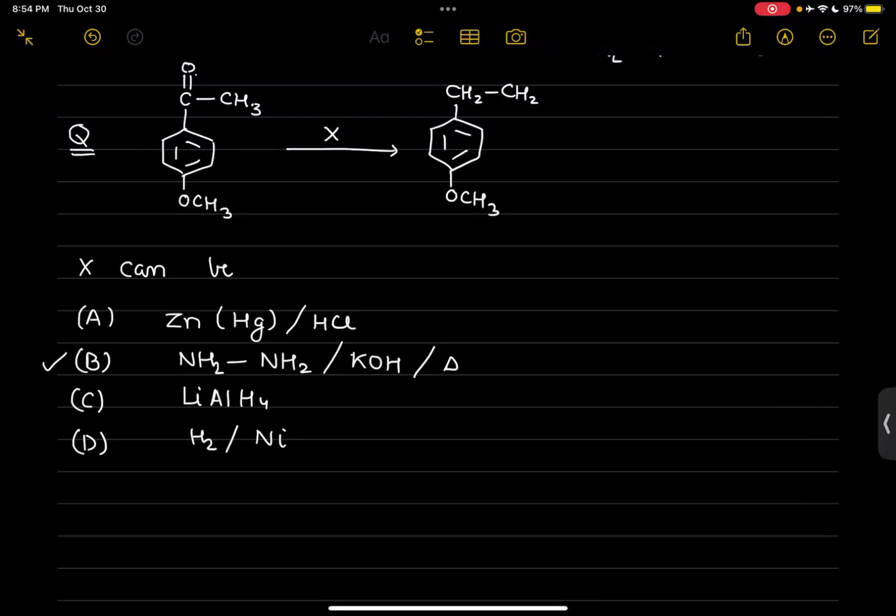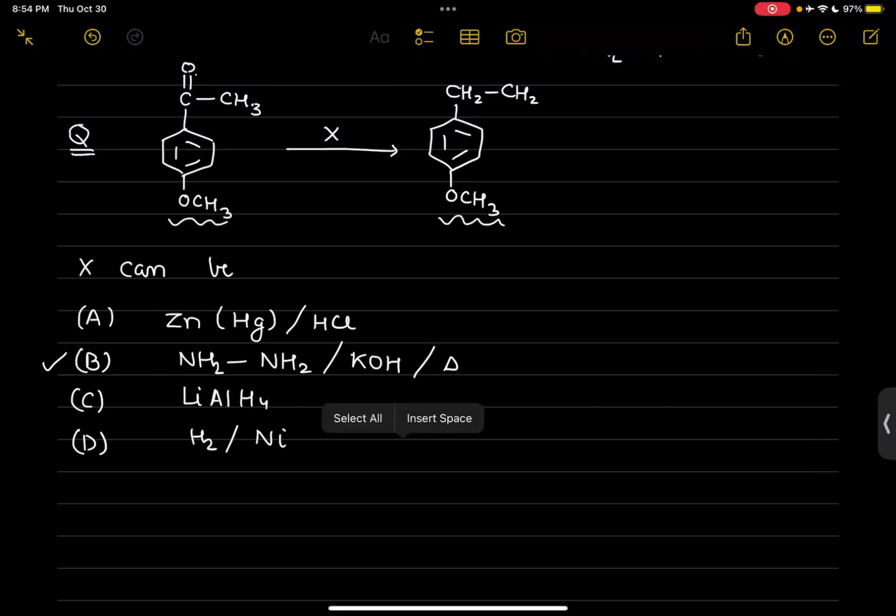The reason is the ether. The ether has remained as it is even after the reduction. You can see clearly. And that ether should not get disturbed by reduction.